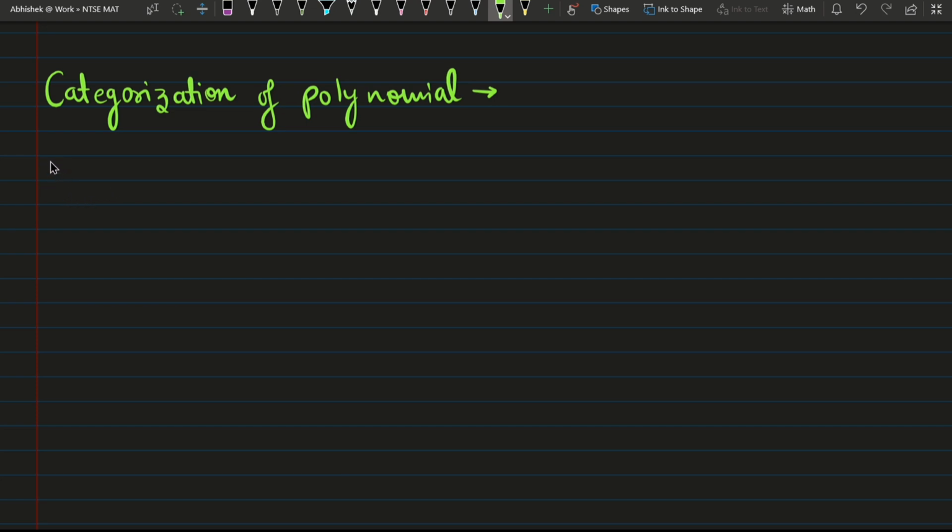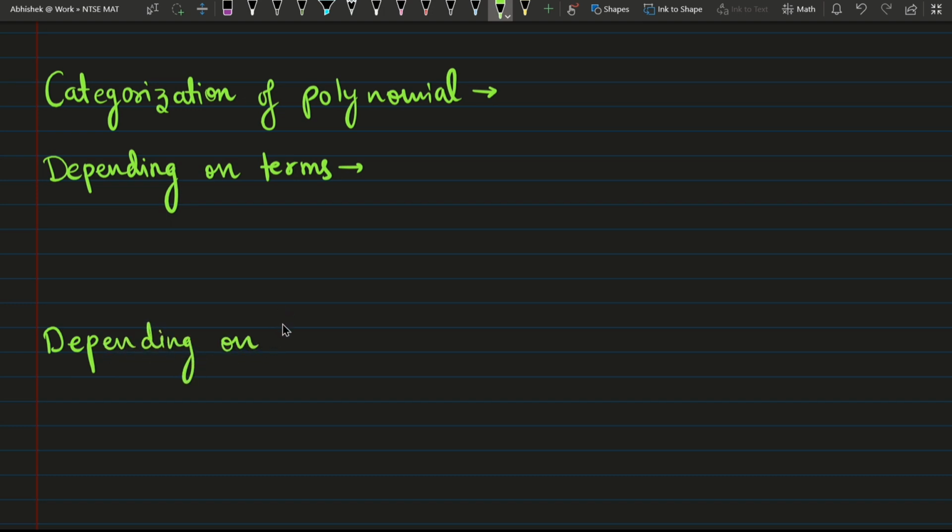First one, depending on terms, and second one is depending on degree. Okay. So depending on terms, the first one is monomial.